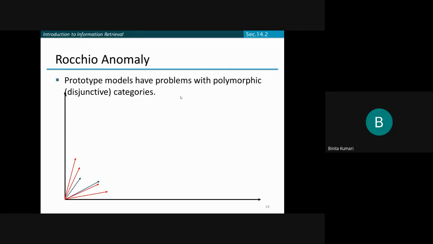Like a situation which is like this. If you have represented the documents and their representation is something like this, then Rocchio algorithm does not work well.